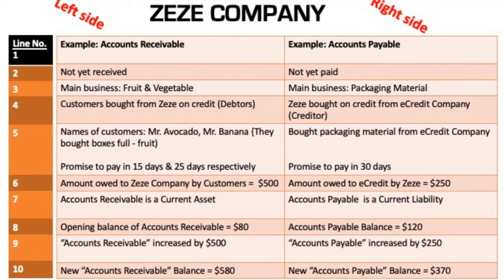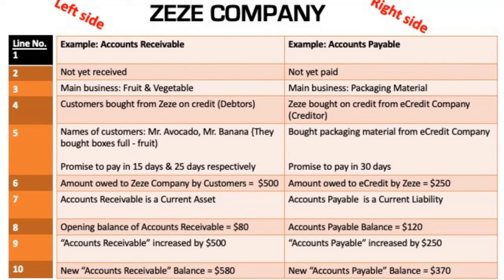So between the date of entering into this business transaction, taking boxes of fruits away, and the time they actually pay, this financial transaction is recorded under accounts receivable.